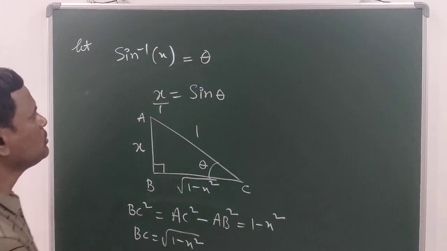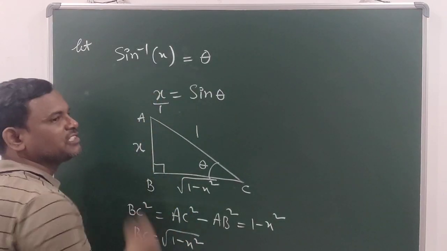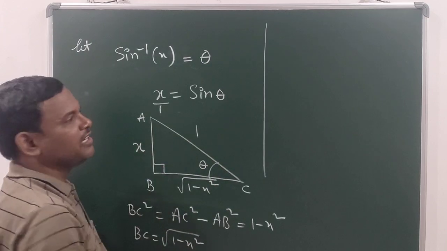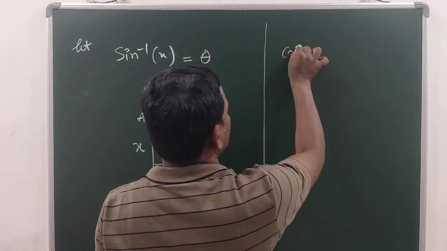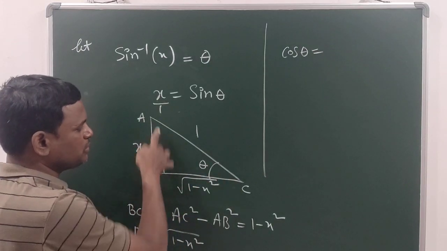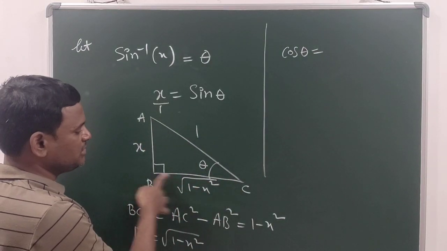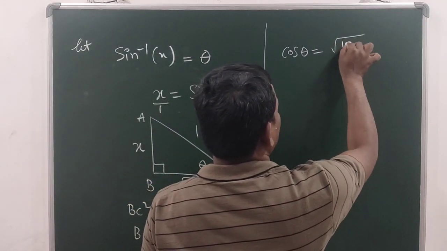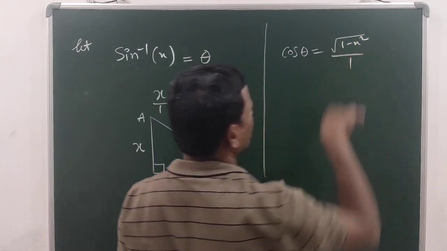Okay. Now suppose you want the sin inverse of x in terms of cos. So from this right angle triangle, define cos theta. Now with respect to theta, this is opposite, this is hypotenuse. Cos theta is equal to adjacent by hypotenuse, so square root of 1 minus x square by 1.